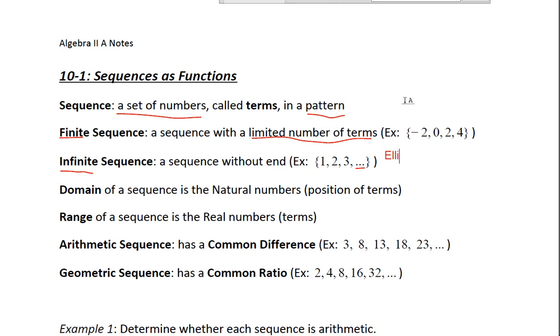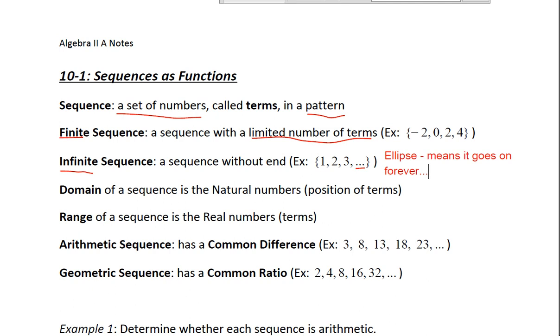So an ellipse means that it goes on forever. So we use those dots, and if you see them, it means it goes on forever. If they ask you to write the sequence, and it's an infinite sequence, you have to write those 3 dots to show that.